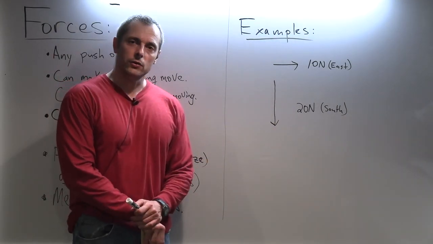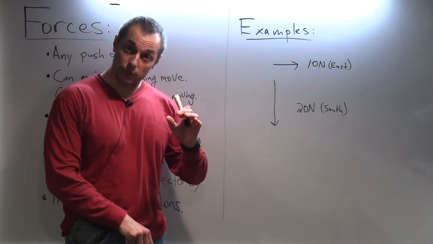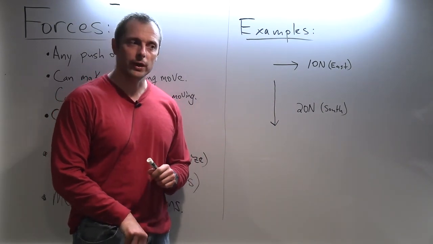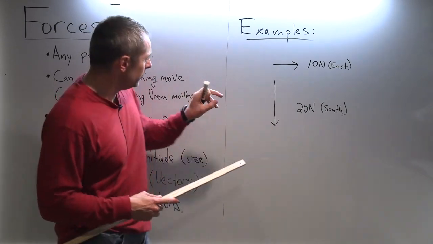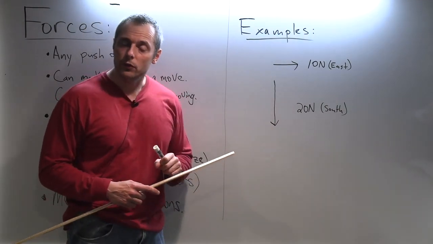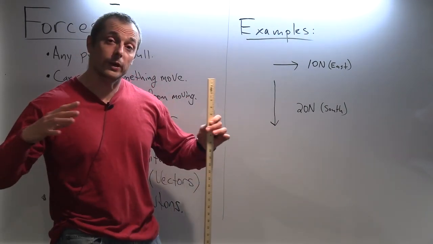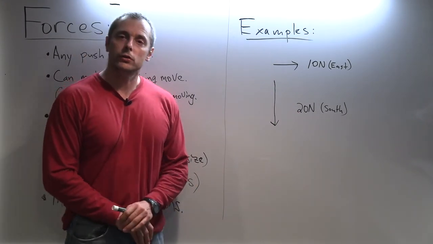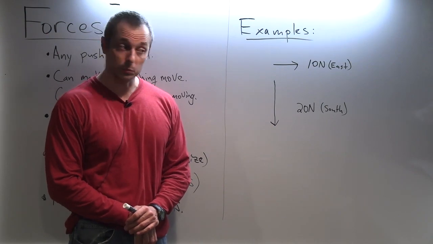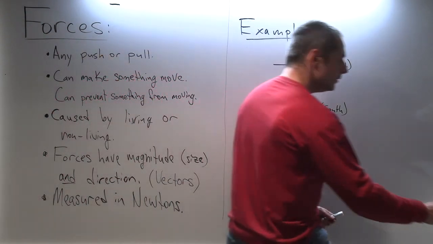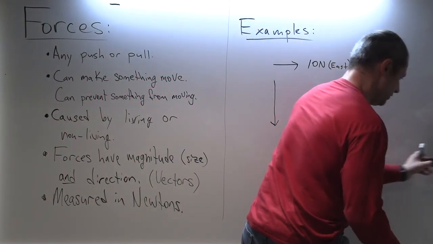What if it was like a millionth of a newton? Well, a millionth of a meter, you wouldn't even see it. It'd be like a little dot. So if forces are very large or very small, you could use a scale to convert the forces into a manageable length before you draw them. So let's take a look at such an example.